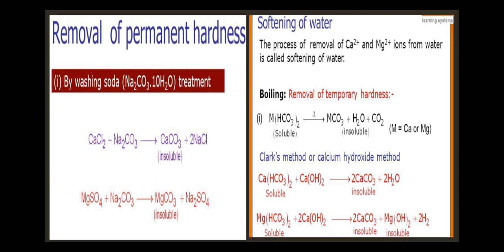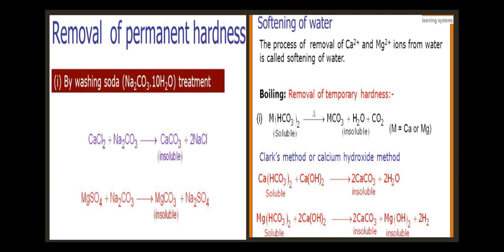carbonates which get precipitated. As you can see in the reaction, calcium chloride reacts with Na2CO3 and forms CaCO3, that is, the dissolved salts become insoluble and sodium chloride is separated.